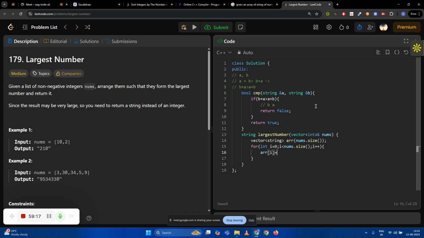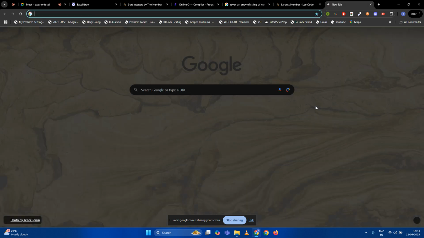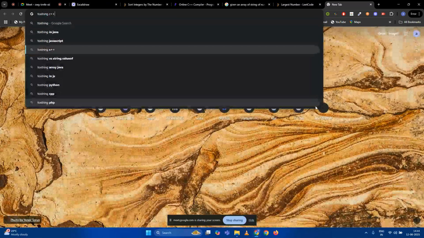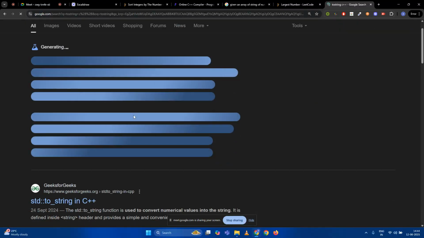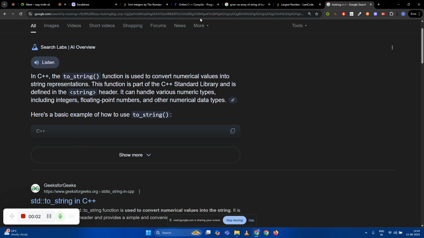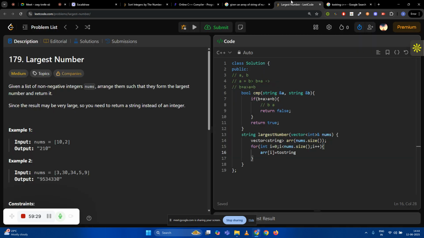Array of i is equal to to_string. There's a to_string function in C++. I don't know the syntax. to_string, then nums of i. So I have converted each number into a string.